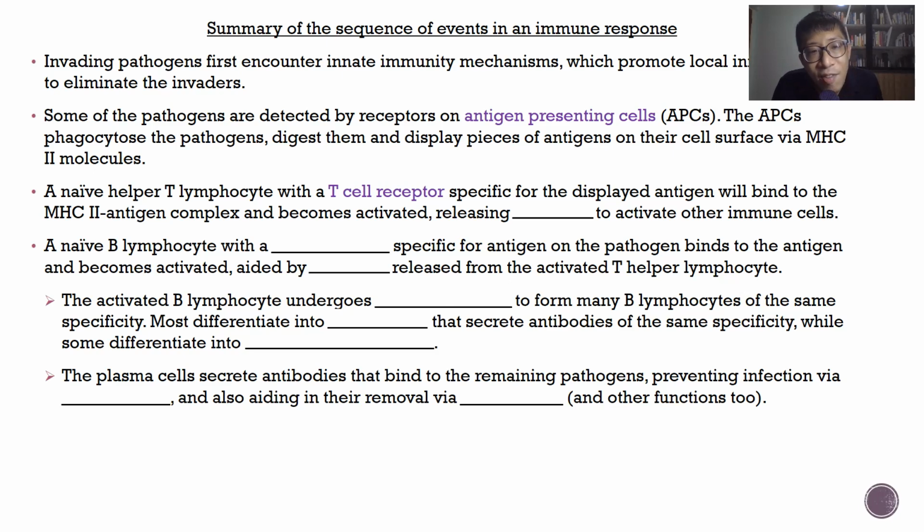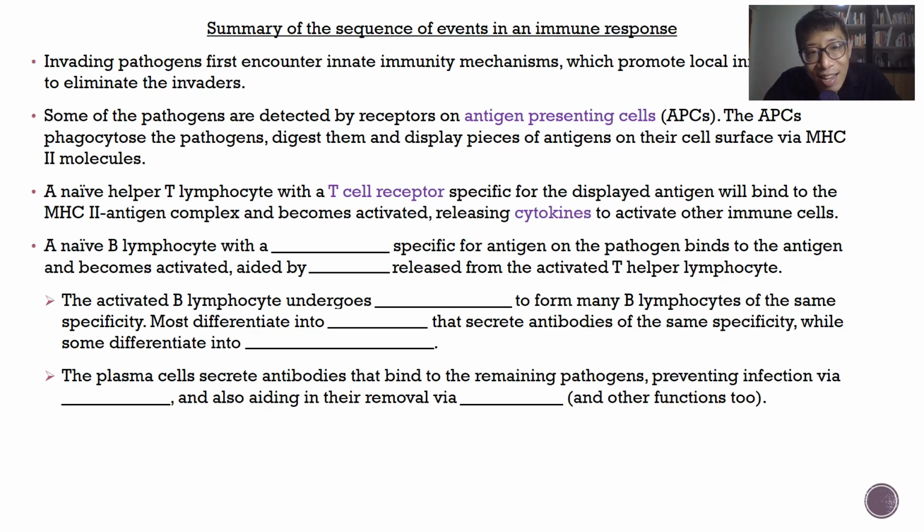So this naive helper T cell would then bind to the antigen presented on the MHC class 2 molecule, aided by the CD4 receptor, and become activated. And once activated, it will start to release cytokines.